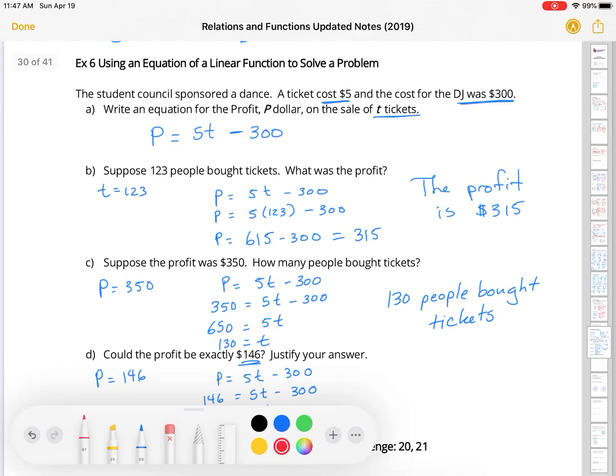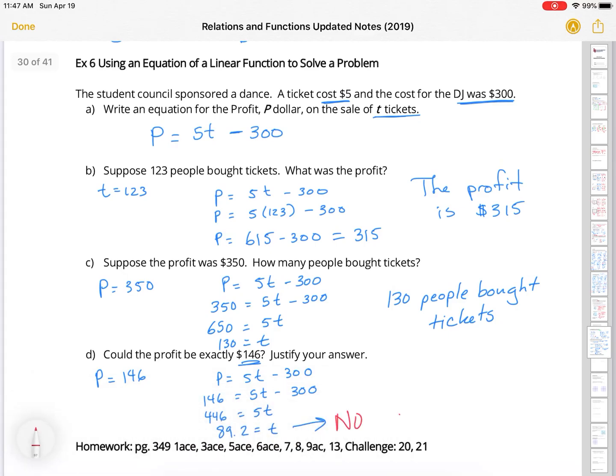So that means no, because you can't sell part of a ticket, right? You can only sell whole tickets.